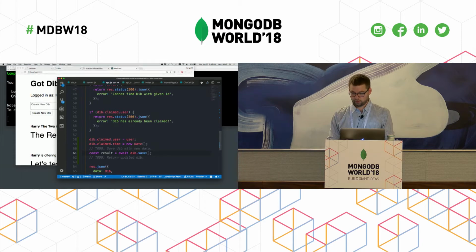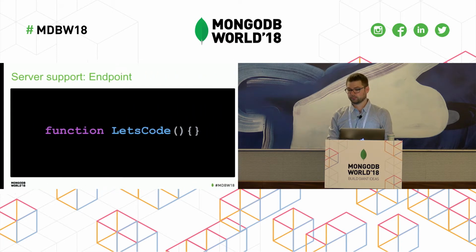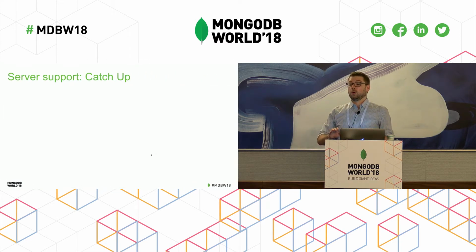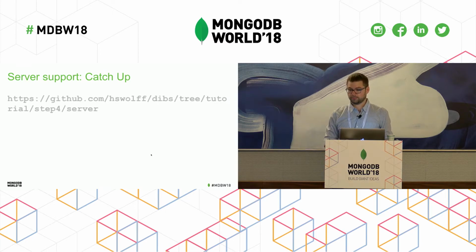So you can actually figure out the methods that you have on there. So we're actually going to call save to save this new updated object to the database. Good. And now we're going to return the updated div. We're going to say result. Hopefully I typed all that correctly.